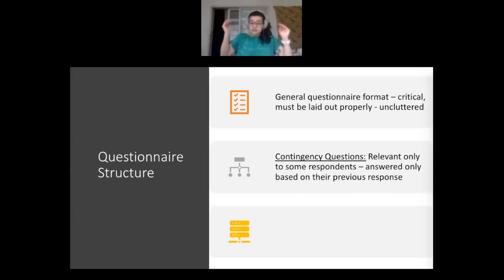It uses space efficiently, so you can have a scale at the top, and the person can just go through the questions and get a rhythm of what the answers could be. That makes respondents find it easier to fill out. And it increases the comparability of the responses, so you can compare questions to each other.